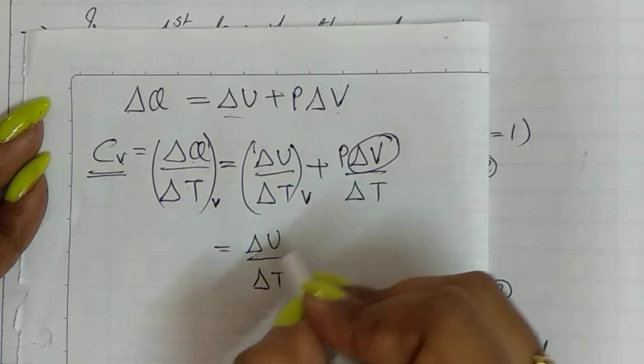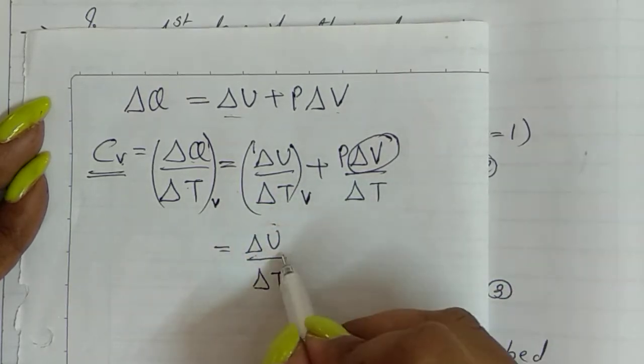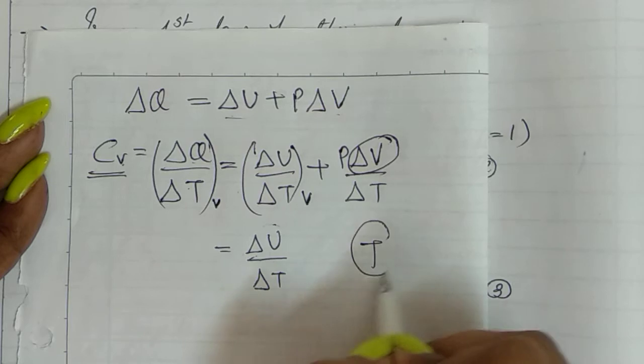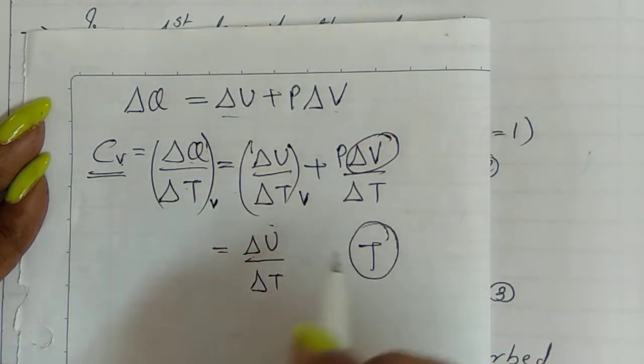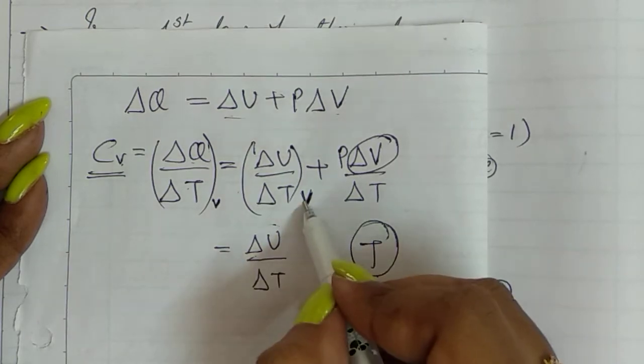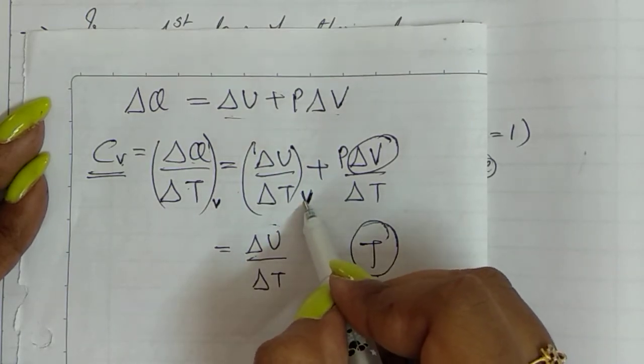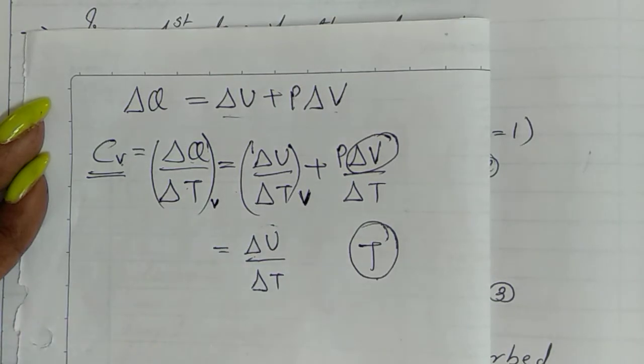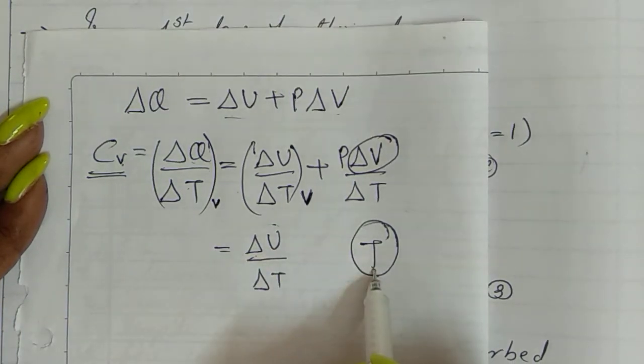But now see, this is the change in internal energy. Internal energy only depends on temperature. But here we are keeping volume constant. So whether volume increases or decreases, it makes no difference to internal energy, right? Internal energy is affected only and only by temperature.